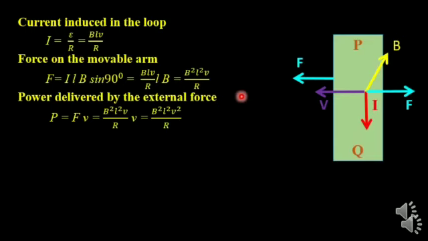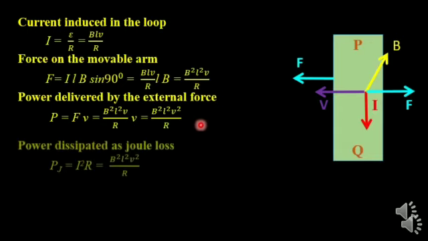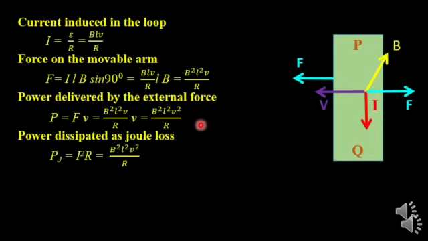On substituting the equation of F and simplifying, we get P equals B square L square v square divided by R. The work done to move PQ is mechanical in nature. This mechanical energy is converted into heat energy according to Joule's law of heating effect.